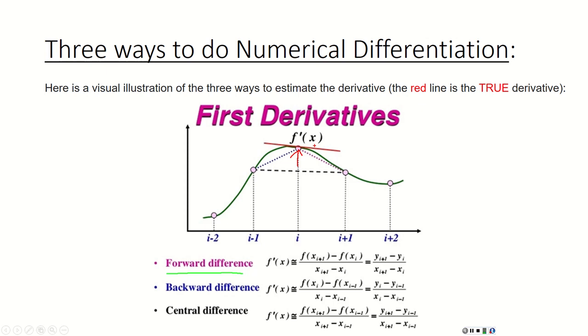The second point is going to be the point i plus 1, which is forward from point i. So it's this one. And that's called the forward difference. So you would estimate this slope here, which is in red. But the true one is actually this one.